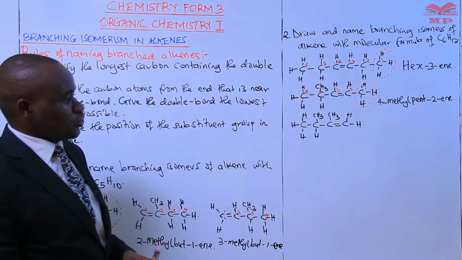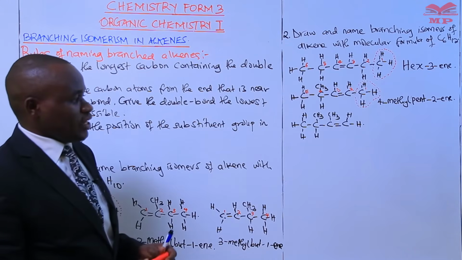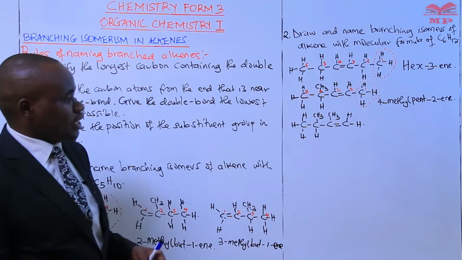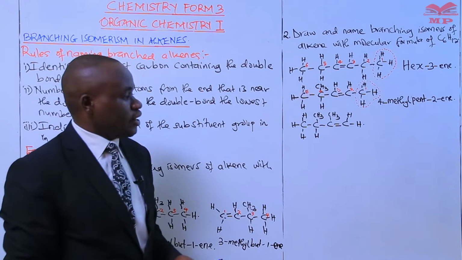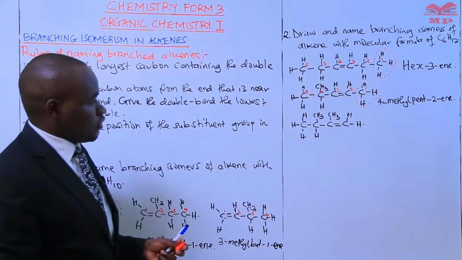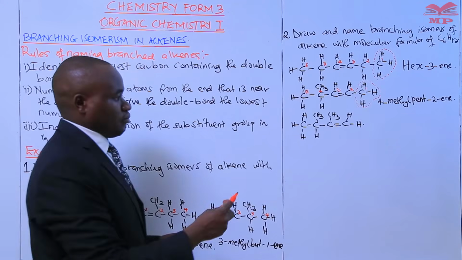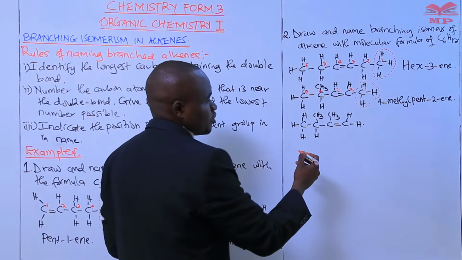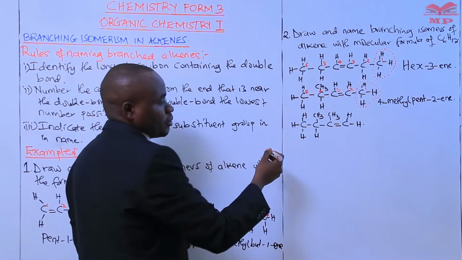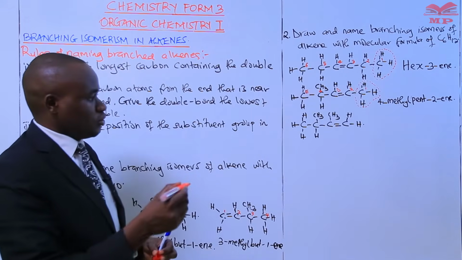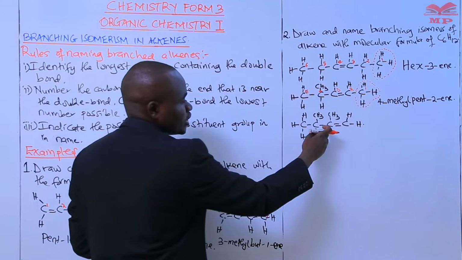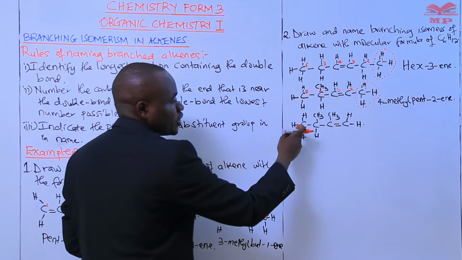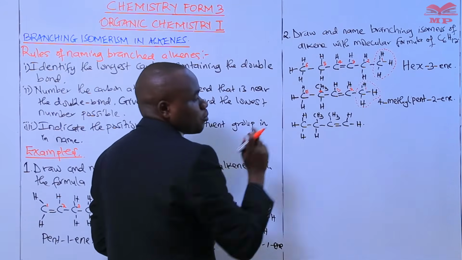The name, of course, we know the rules. You number from the end that is near the double bond. The double bond is near our right hand side, therefore when giving the numbers, you start from the right going towards the left. And remember, you number the longest continuous chain, which includes the double bond.